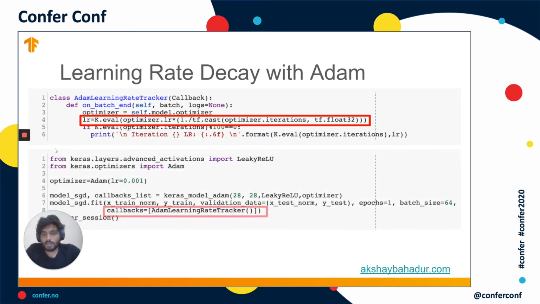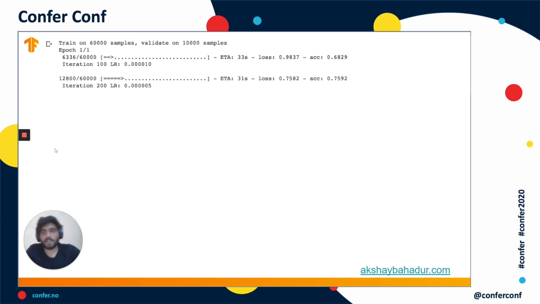If you see that in the callback, I've called the model.fit function. In the callbacks, I have declared the callback as Adam learning rate tracker. And if I train this, my learning rate for the 100th iteration is this much.